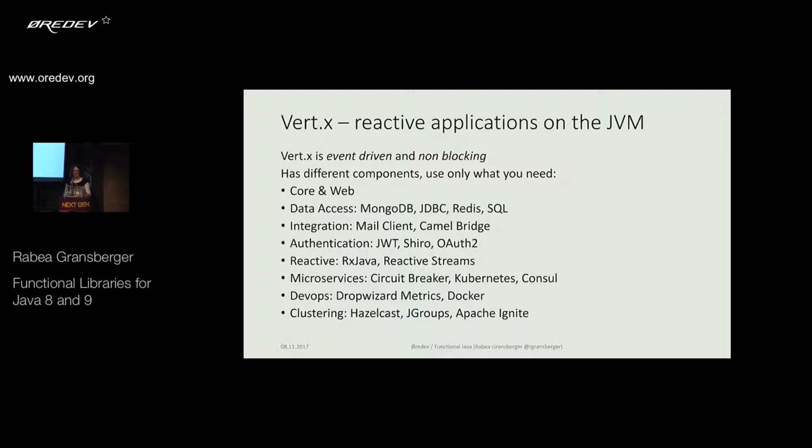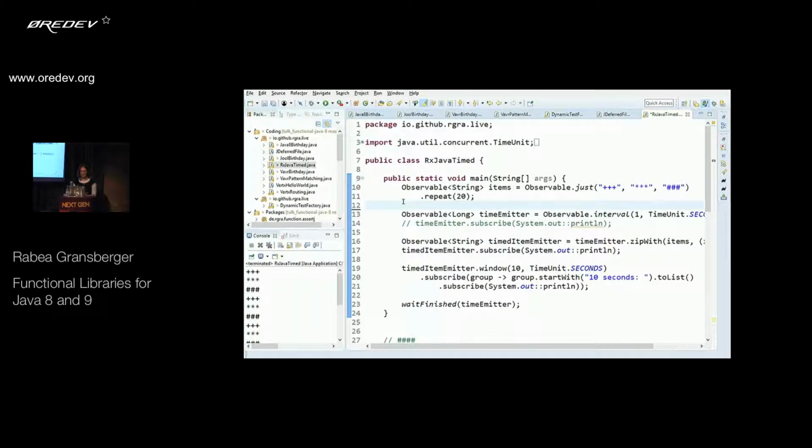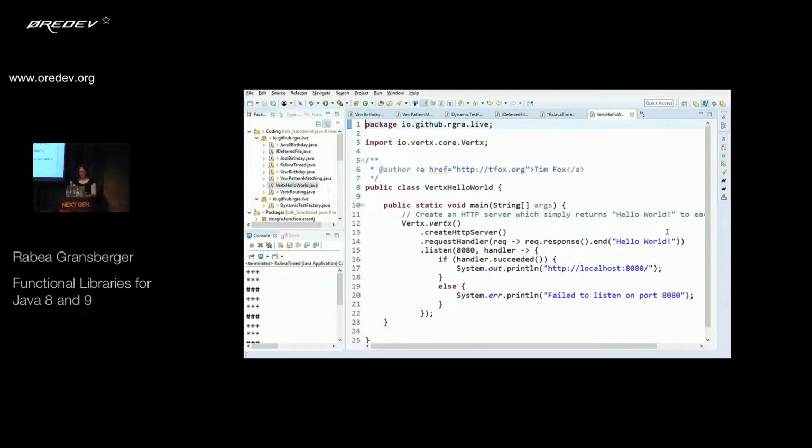And one last example is Vert.x, which you can use to create all kinds of reactive applications on the JVM. Like you can see in the list, it has a lot of connectors to different kinds of libraries. We want to build a very, very simple web server in our example. So we create a Vert.x, create an HTTP server, and we register a request handler, which is a callback again.